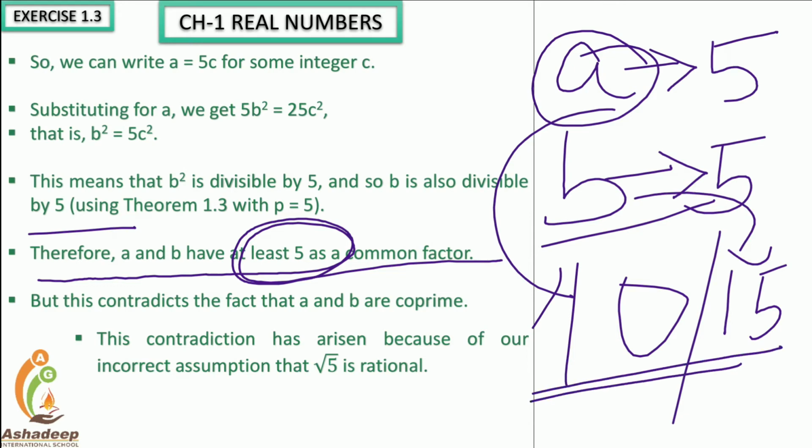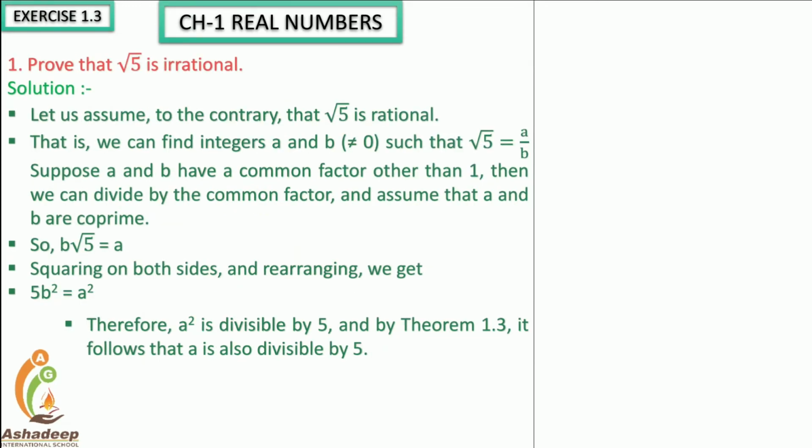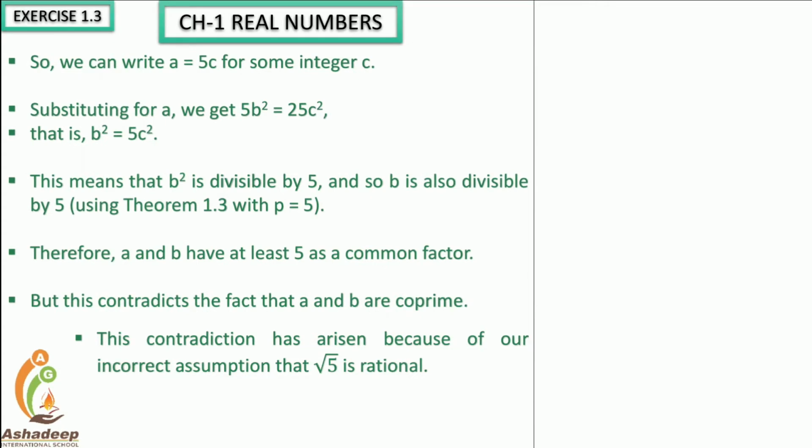So these numbers are not co-prime numbers. They have at least 5 as a common factor. We assumed that they have the common factor only 1, but here it is wrong, they have at least 5 as a common factor. So our assumption is wrong, and this contradicts the fact that a and b are co-prime numbers.